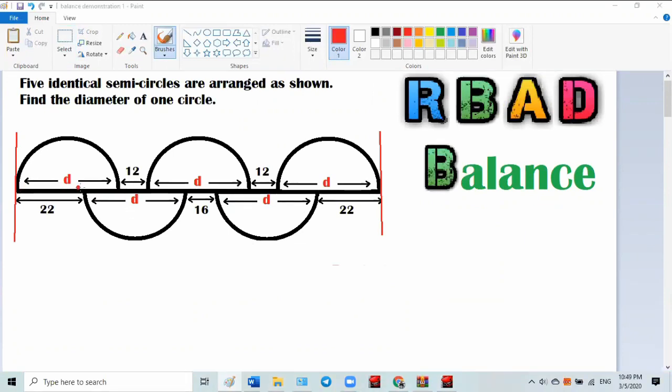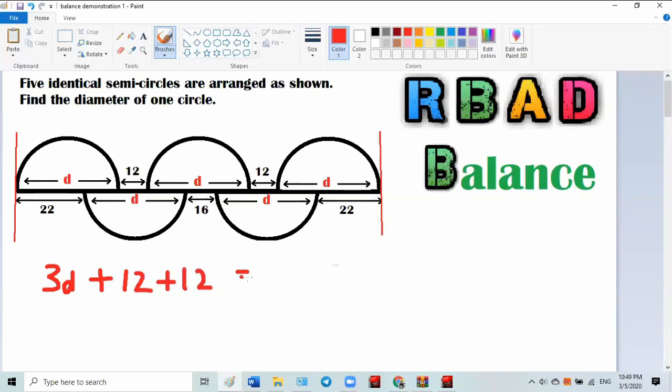Now at this juncture, you can see the top distance must be equal to the bottom distance because they are of the same length. So what we can safely write is, there are three D's on the top, so we write three D's, and there are two 12s on the top, so we write 12 plus 12.